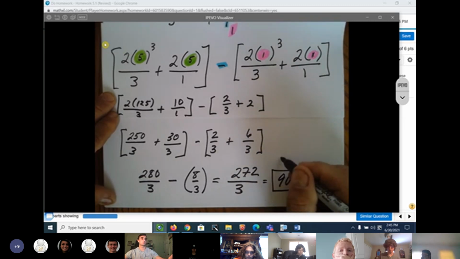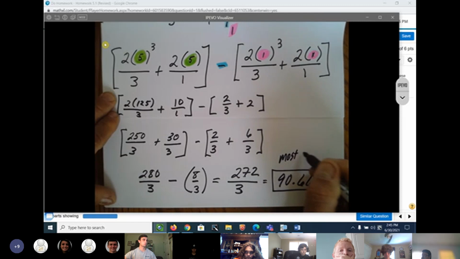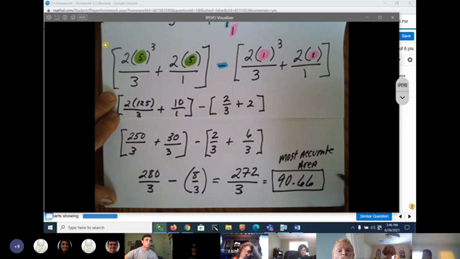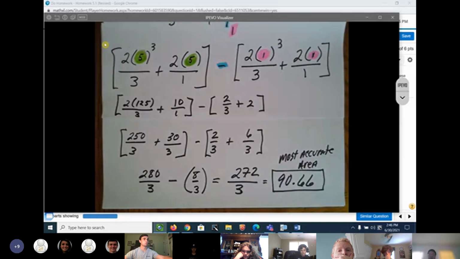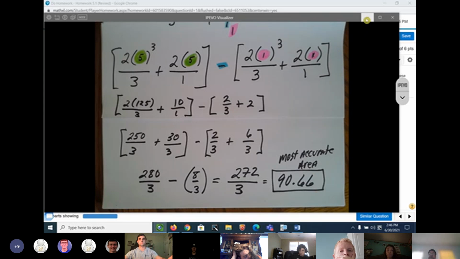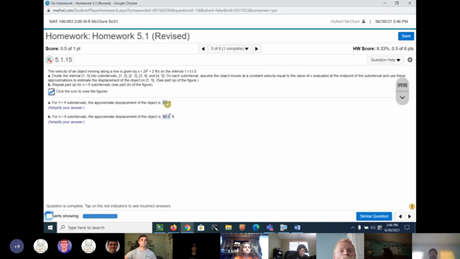And this is your most accurate area. So we got 90.66 displacement or area, and 90 was the most inaccurate, and 90.5 was a little bit more accurate.